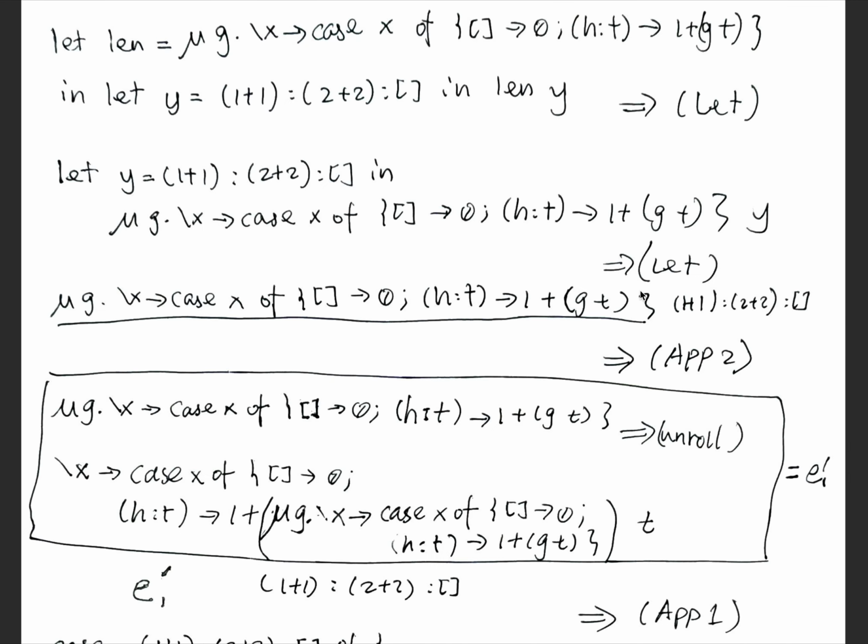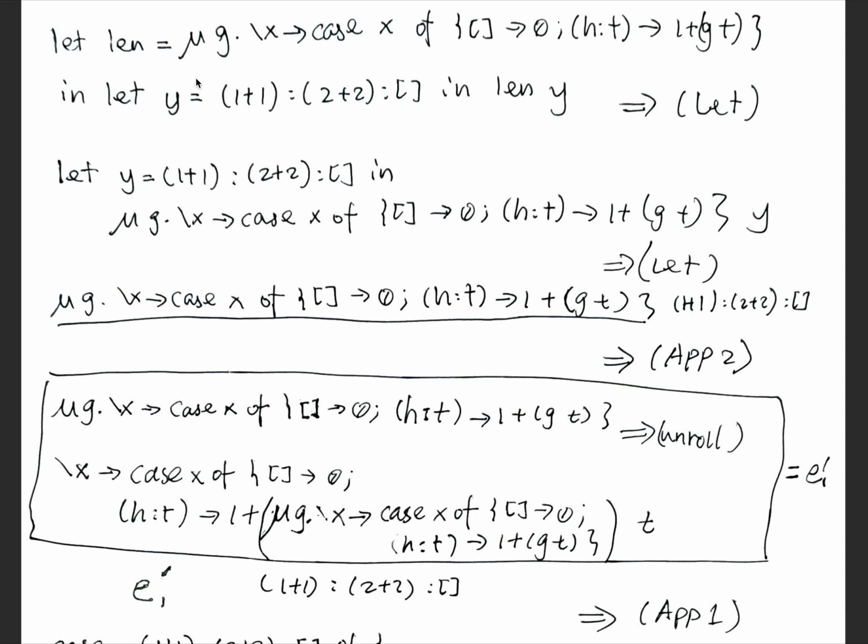Handwritten derivation of the example of our length function under the treatment of having the recursive abstraction. So now this is our running example where the length function is defined using the recursive abstraction instead of just the lambda abstraction. Overall, this is a let expression, so we apply the let rule to reduce it into the following.